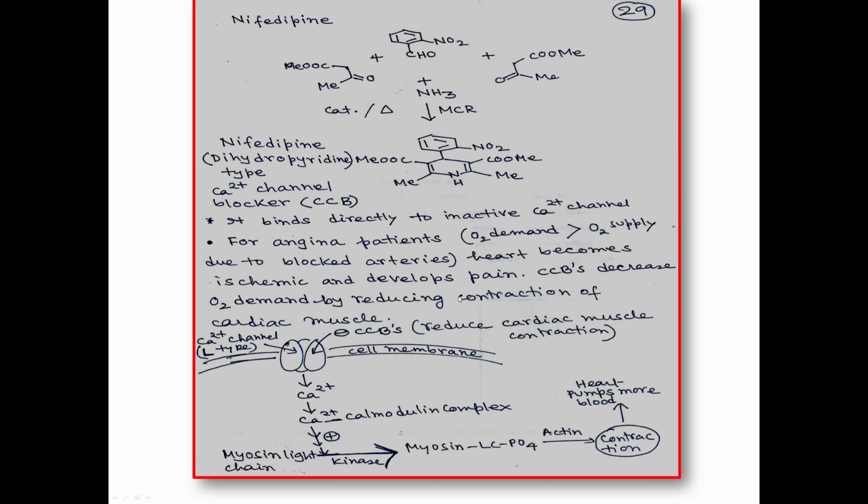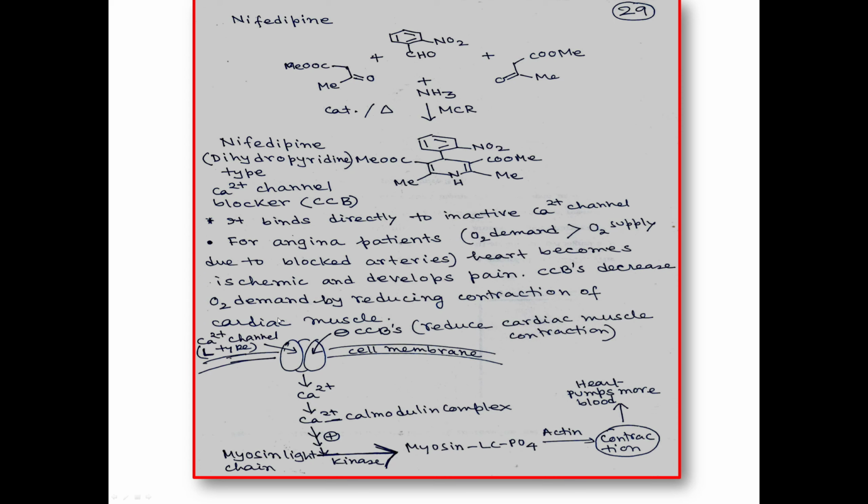If the muscle does not contract, then oxygen demand will come down. In this way, by reducing oxygen demand through heart muscle relaxation, it tries to balance oxygen demand and oxygen supply.